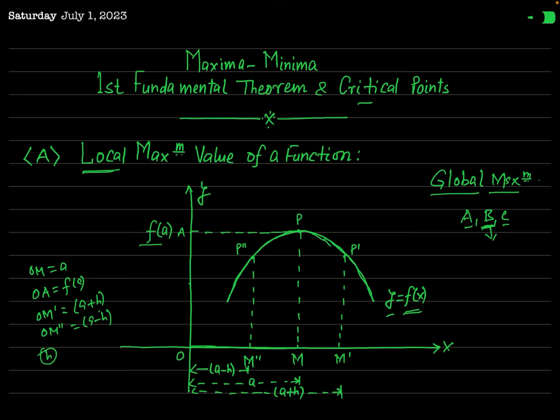It means A plus H and A minus H are very close to A. So I have told you that these two points P dashed and P double dashed are very close to point P.